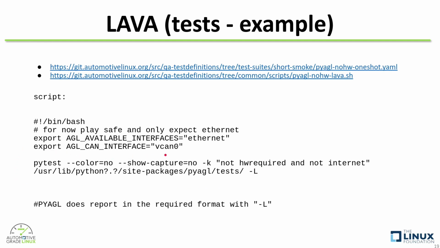And in this case, we just condition things: no color, no escape sequences essentially, and no pagers. And we run tests which do not require any hardware and which do not connect out to the internet.